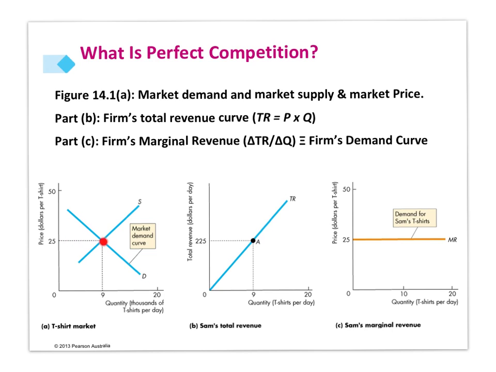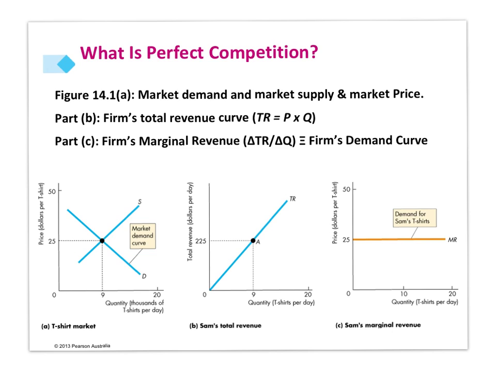At the equilibrium is the market price, $25, and a quantity of 9 is produced in the market. Each firm will take the price from the market and sell the good.